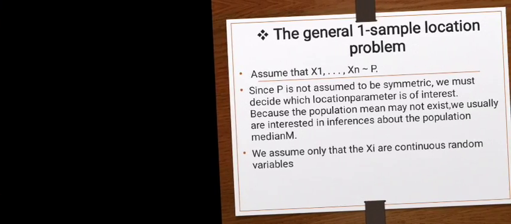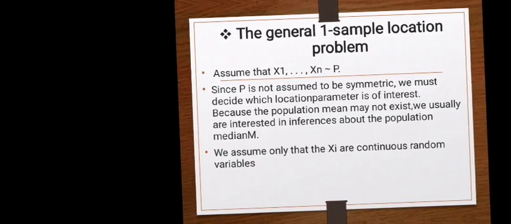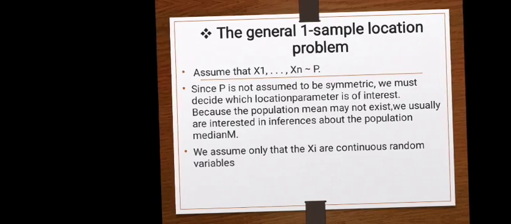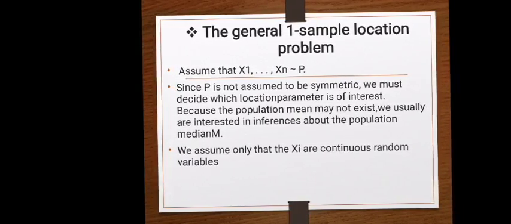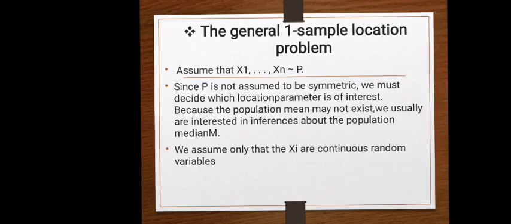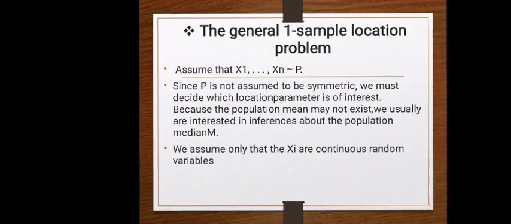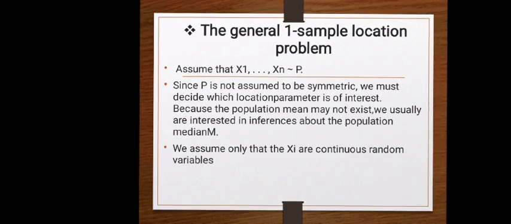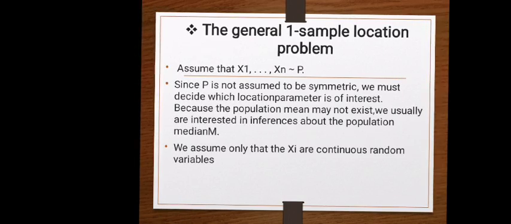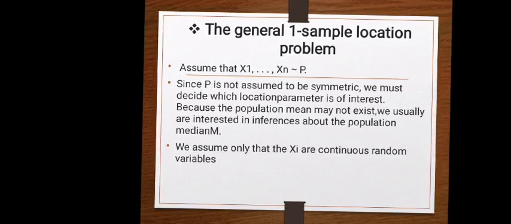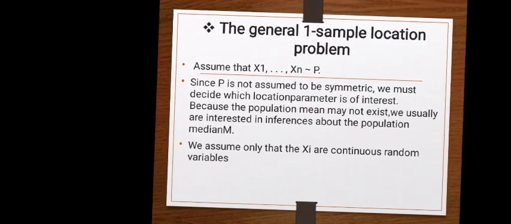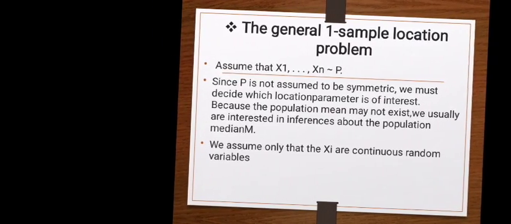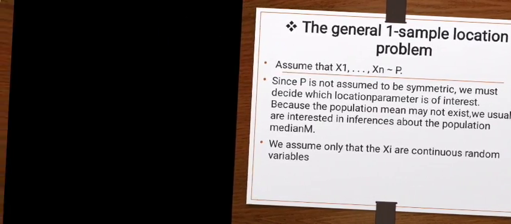The general one sample location problem. Assume that X1 through Xn ~ P. Since P is not assumed to be symmetric, we must decide which location parameter is of interest because the population mean might not exist. We usually are interested in inferences about the population median M. We assume only that the Xi are continuous random variables.